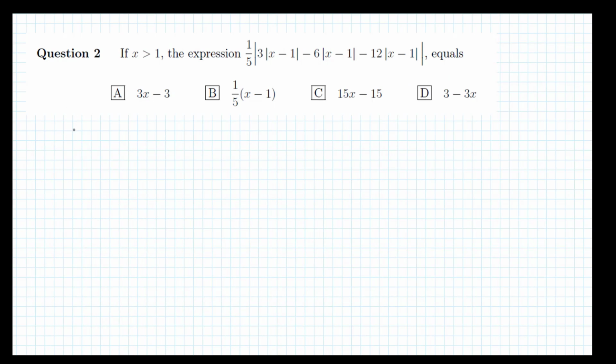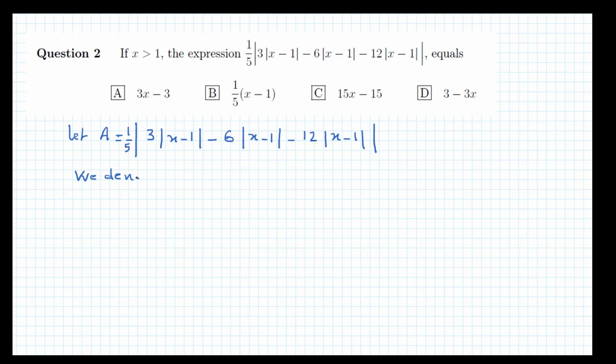Question number 2. If x is greater than 1, the expression 1 over 5 times the absolute value of 3 times the absolute value of x minus 1 minus 6 times the absolute value of x minus 1 minus 12 times the absolute value of x minus 1 equals one of the following choices. Let's first denote by A this expression, and we denote also y equals the absolute value of x minus 1.